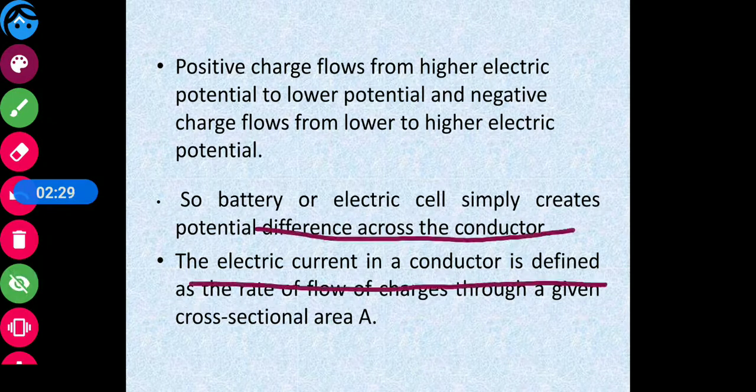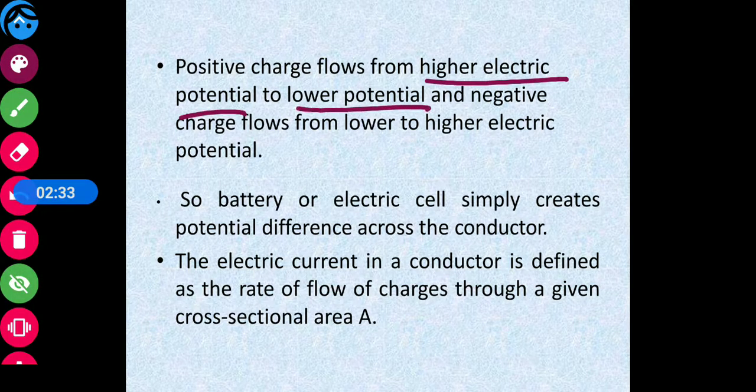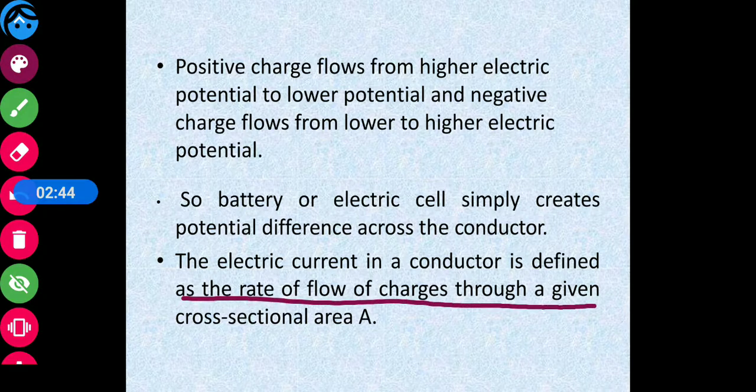Positive charges flow from higher electric potential to lower potential, and the battery or electric supply simply creates a potential difference across the conductor. So the electric current in a conductor is defined as the rate of flow of charge through a given cross-sectional area A.